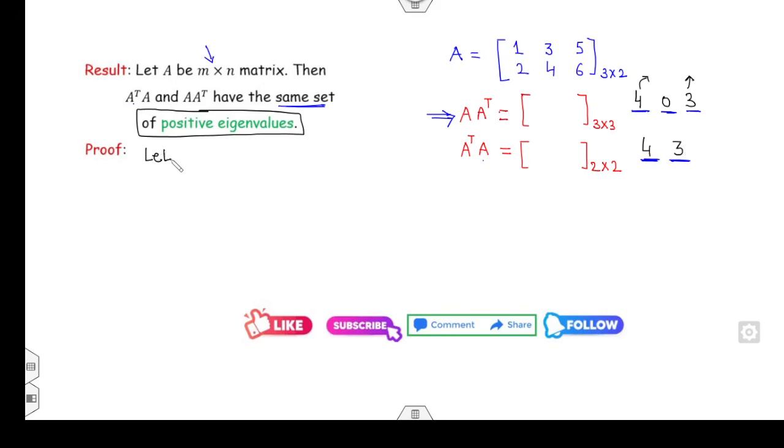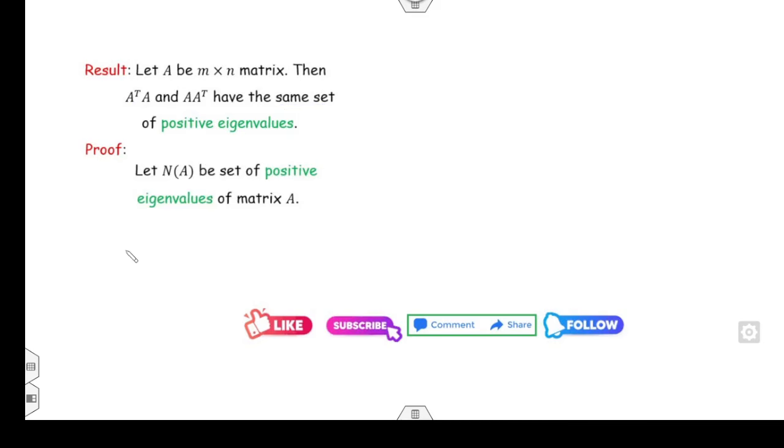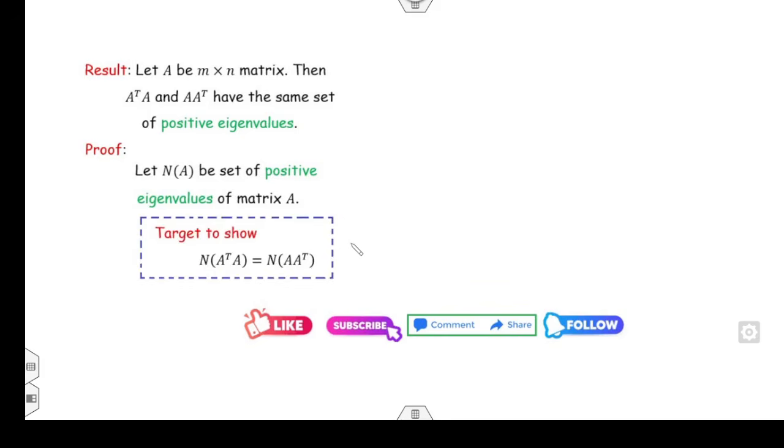Let N(A) be the set of all those positive eigenvalues. Then what is your target? Your target is to prove that the positive eigenvalues of A transpose A are the same as the positive eigenvalues of A into A transpose. Clear?